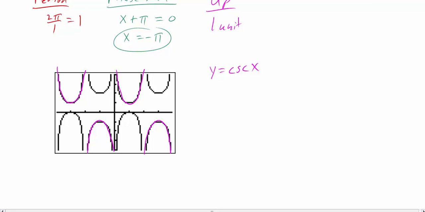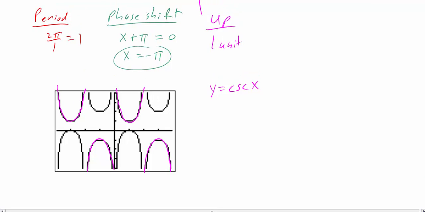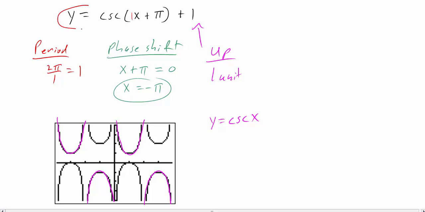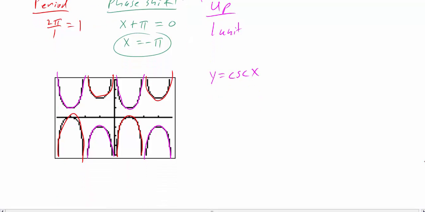And then if we look at the graph of the one we have up here above, this one, which is the cosecant of x plus pi plus 1, that's going to be the part here in red. So we can see the effect that it's having here.